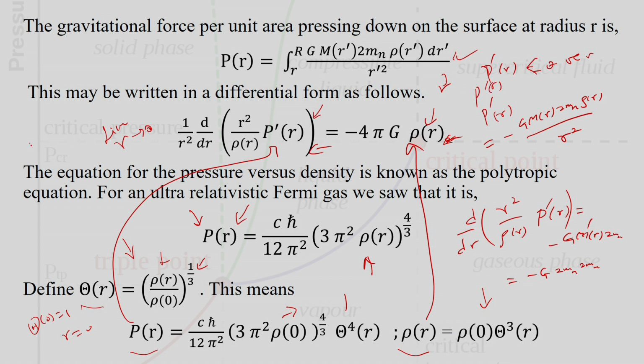So in this limit p dash r is approximately p dash 0, and rho of r is approximately rho of 0.